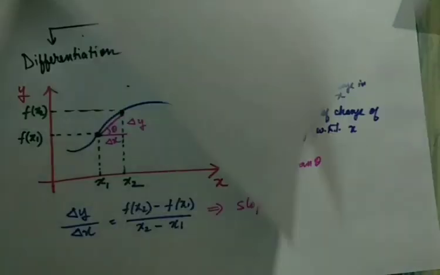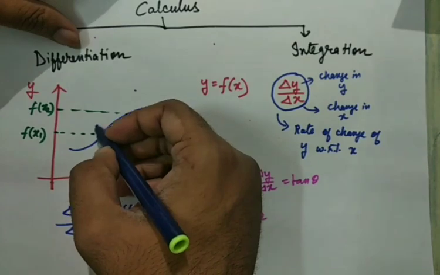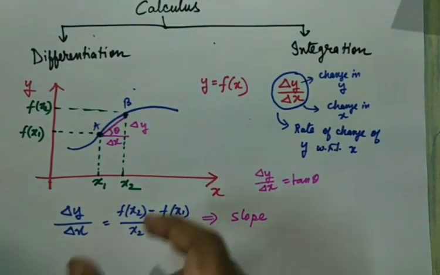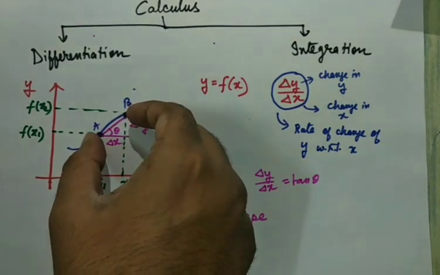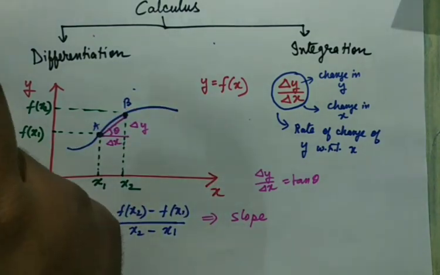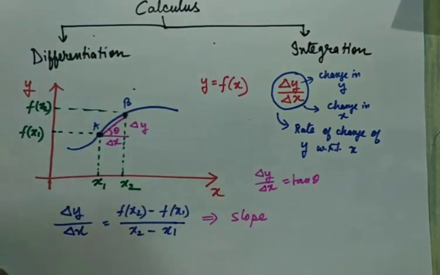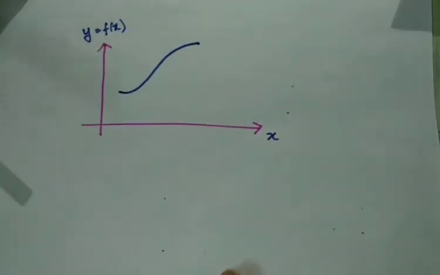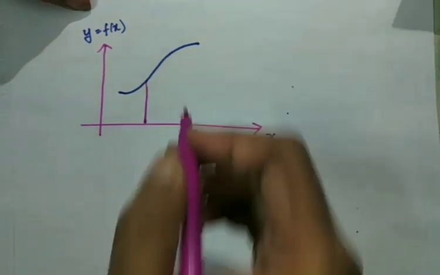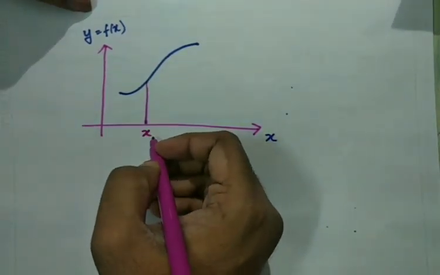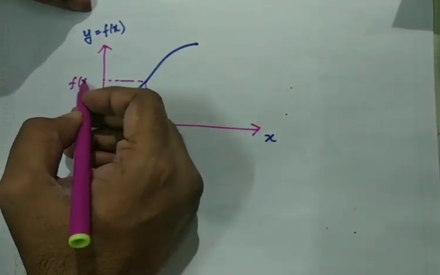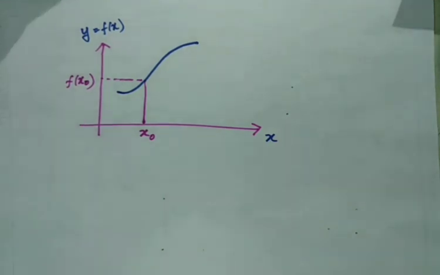The point I am emphasizing here is, this is point A and this is point B. What if I could bring these points A and B very close, so close that they virtually represent the same point? Okay, let's do it. I am considering a point that is x, or let's say x naught. This is f of x naught, since y is equal to f of x.